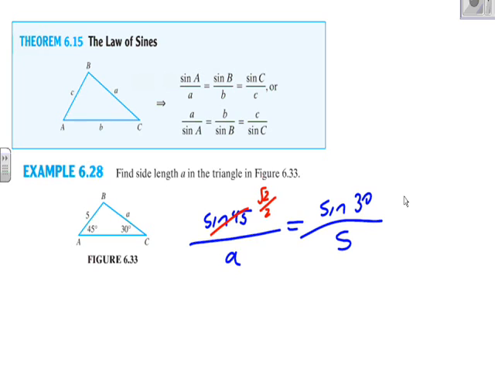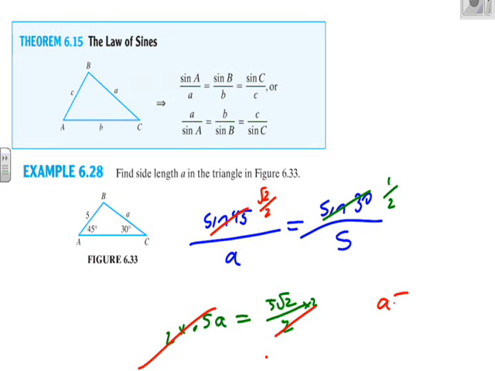Sine of 30 is 1 over 2. So we have 0.5a equals 5 square root of 2 over 2. To get rid of the 1/2, you have to multiply by 2, which will cancel out the denominator. We get a is 5 square root of 2.